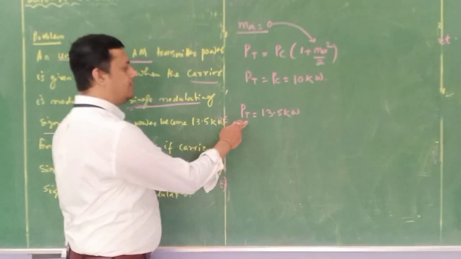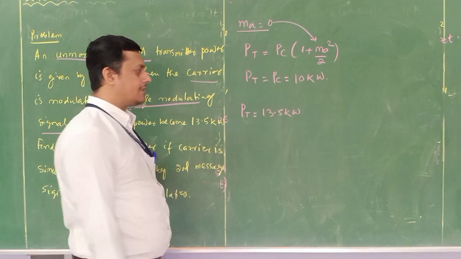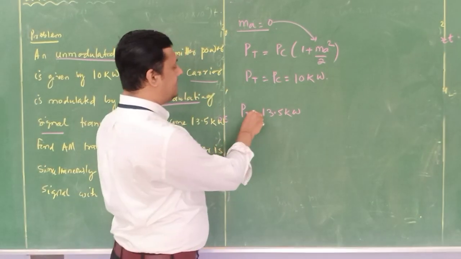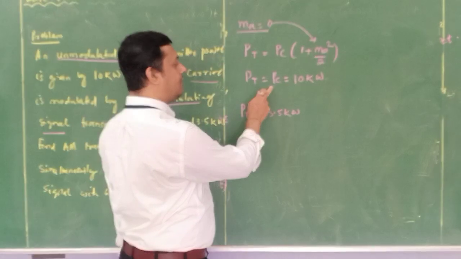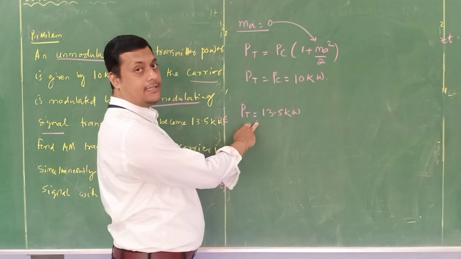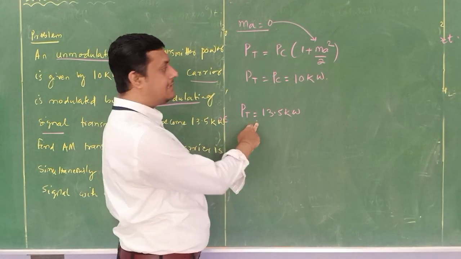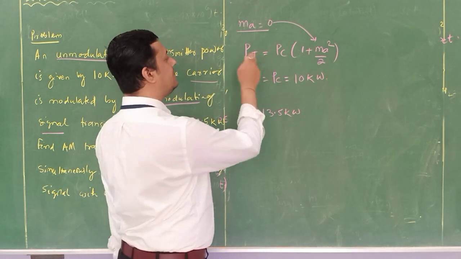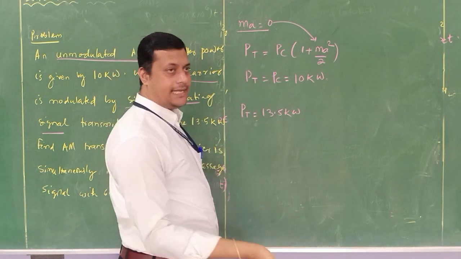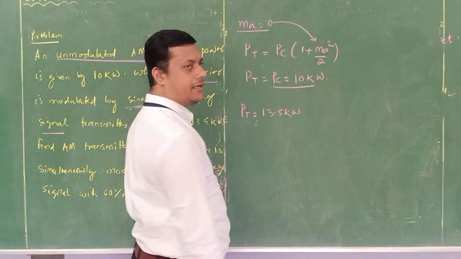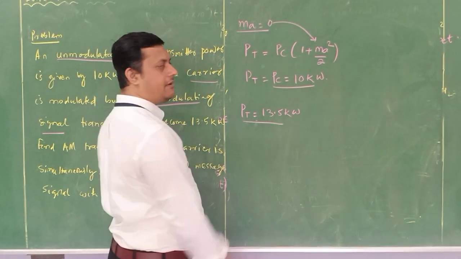Why is PT this? Because after modulation the transmission power increases. Here no modulation means the transmitted power is the same as carrier power. So carrier power we have identified, transmitted power we have identified.